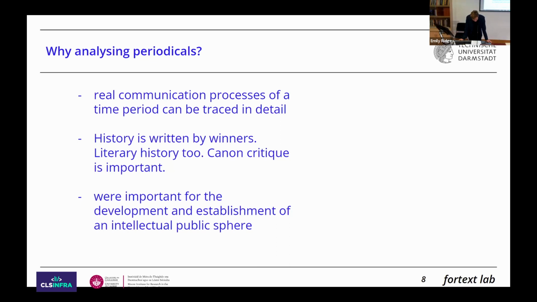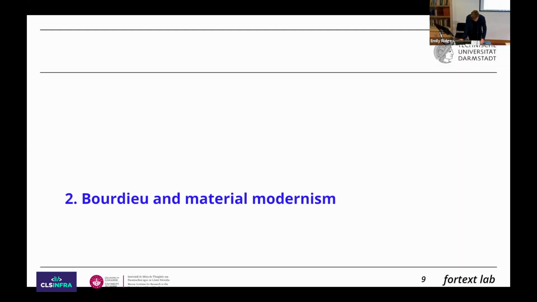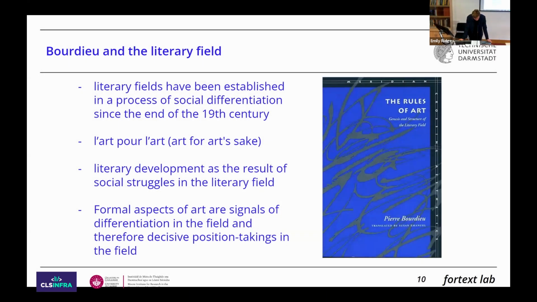Let me come back to the point that history is written by winners, and this brings us to Bourdieu. His work, Rules of Art, first published in 1992, is, in my opinion, an important work for understanding literary modernism.